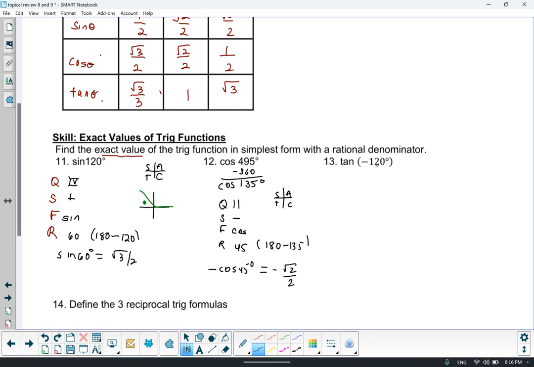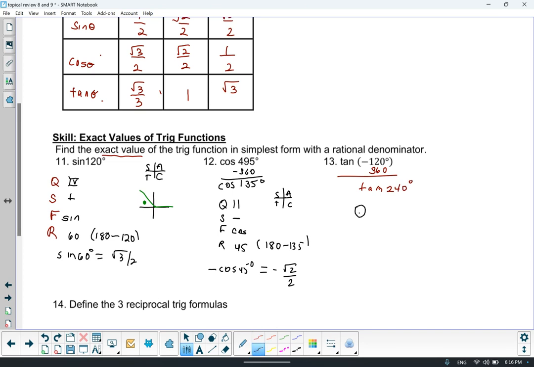And now we're going to do tan of negative 120. When you have a negative angle, in order to determine everything, you want to find the coterminal angle. With the negative angle, you add 360. You get tan of 240 degrees. And now we're going to do Lucifer again.